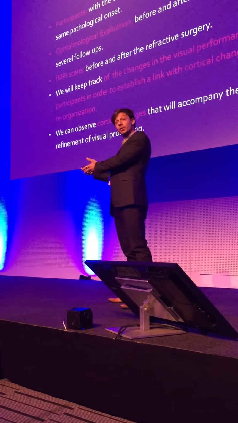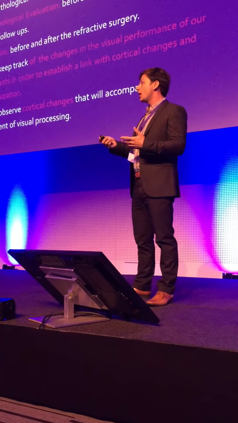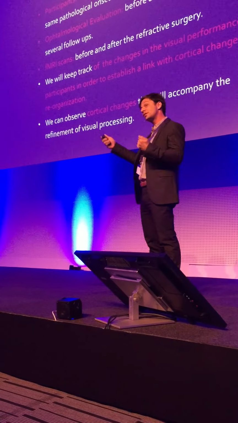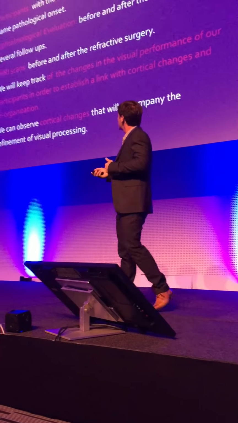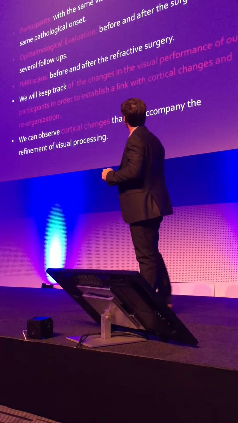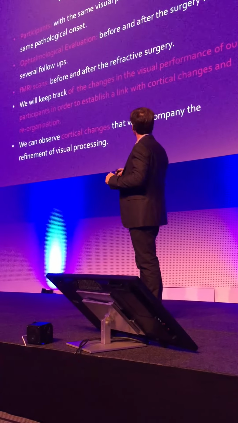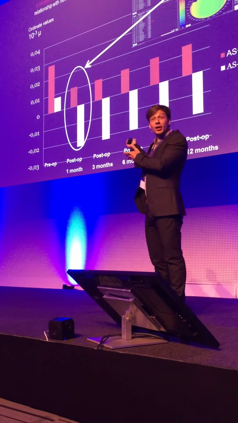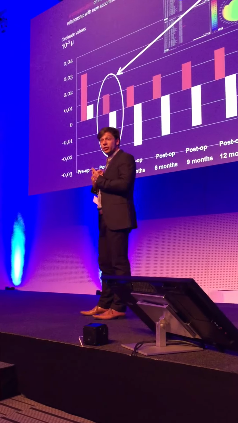And then again a year later. As I've been listening to your presentations, I've understood that these changes last a very long time, so we expect to see the same changes even a year later. So we'll be performing fMRI scans so that we can see the changes that accompany the betterment of visual performance. So this is the timeline that is guiding our procedures.